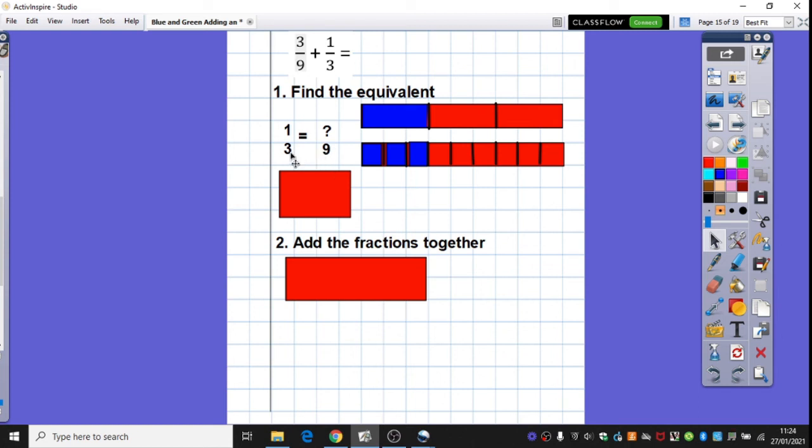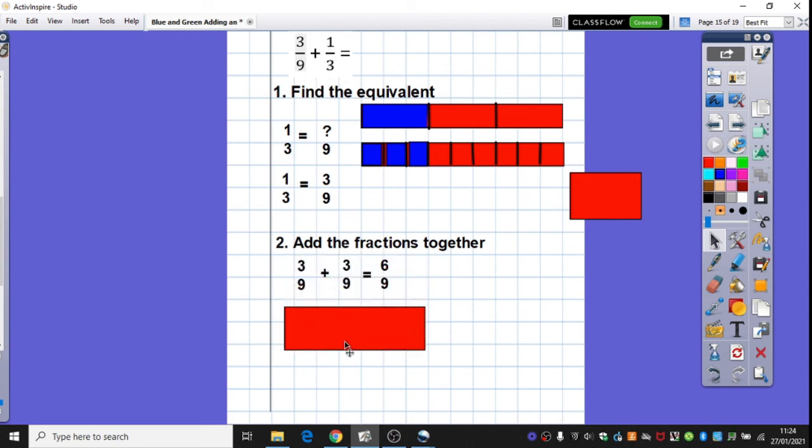Well, I know that 3 times 3 is 9, so I've divided my bar model there, you can see, into 3. 3 times 3 is 9, therefore 1 times 3 is going to be 3. So 1/3 is equal to 3/9. Now I've made this fraction an equivalent with the same denominator, I can now add the fractions together. 3/9 add 3/9 equals 6/9.